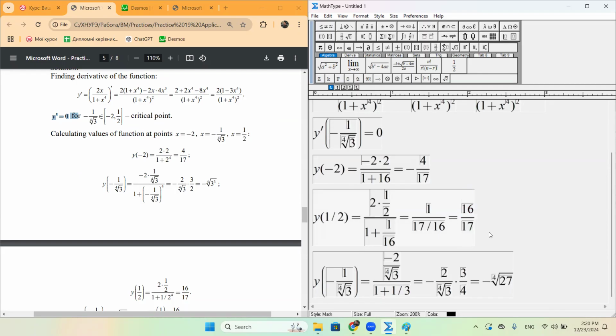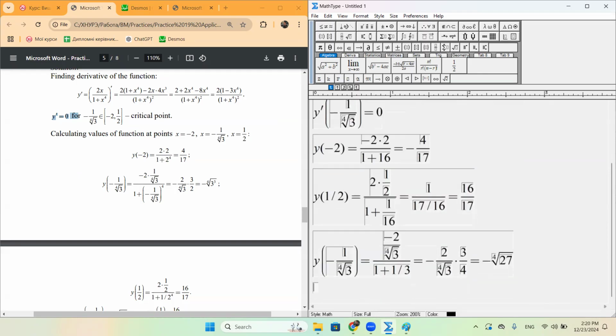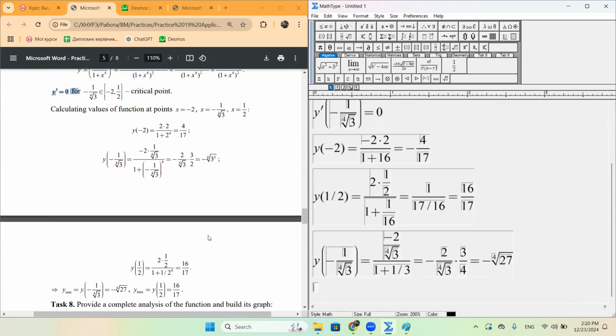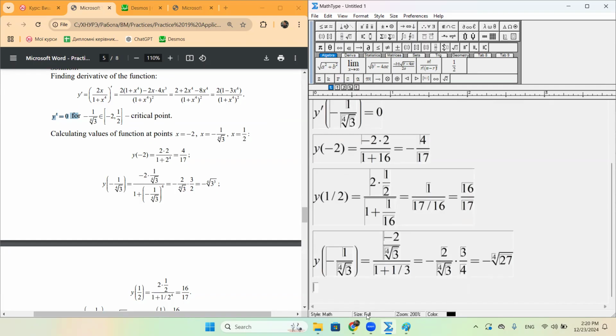So it equals 16/17. And what about the minimum value?